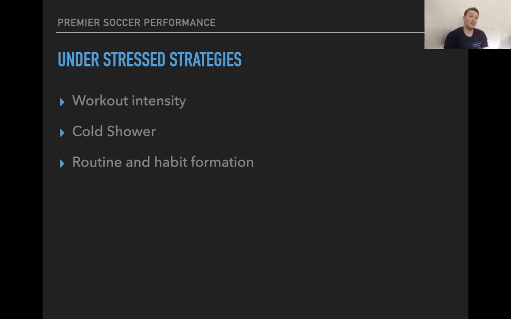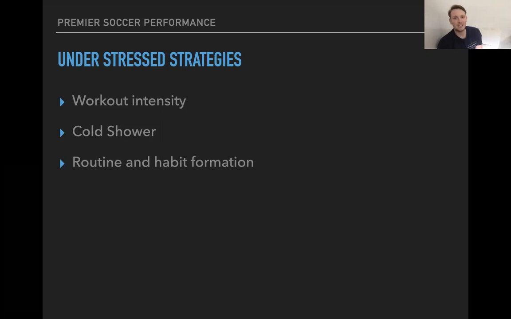But that being said, that's not an excuse to not stress yourself appropriately, right? So the best way to do that, again, is workout intensity. If someone needs to be ramped up some more, the best way to do that is workout intensity. I always like the habit of a cold shower. Take a normal shower with the water at whatever temperature you like.